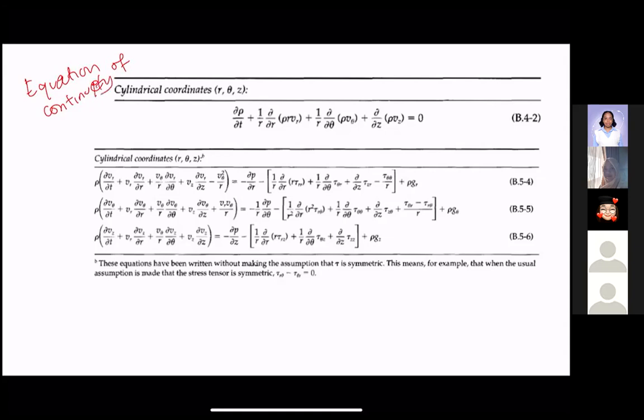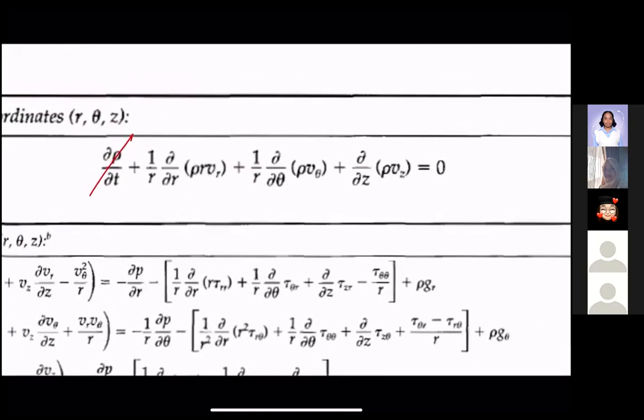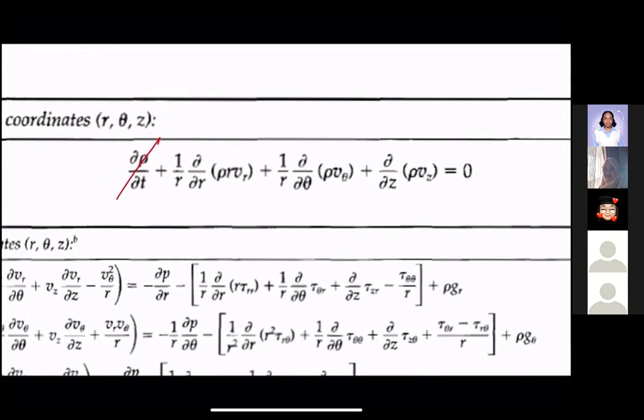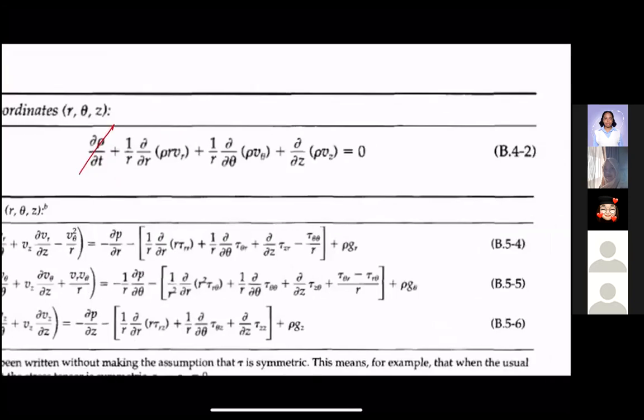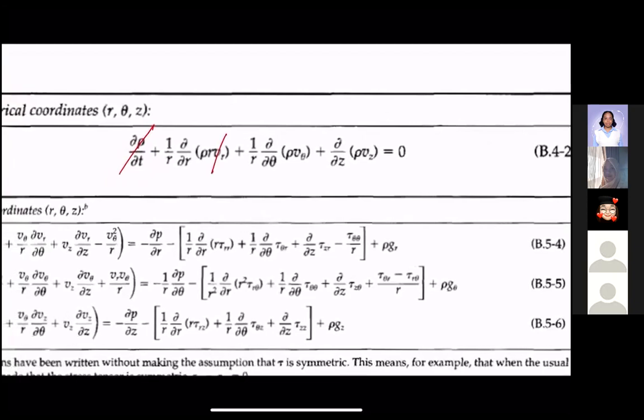continuity. Okay, so this is dou rho over dou t, because it's steady, so it's equal to 0. And here, 1 over r dou over dou r of r rho v r. There's a v r over here, so what is the value of v r? 0. Okay, so this is 0.